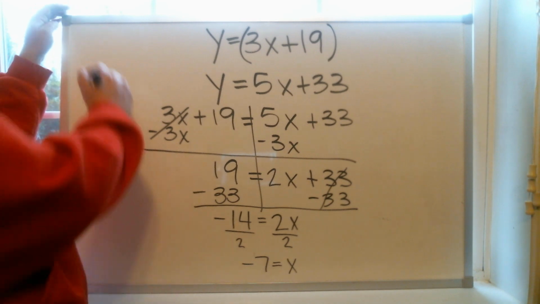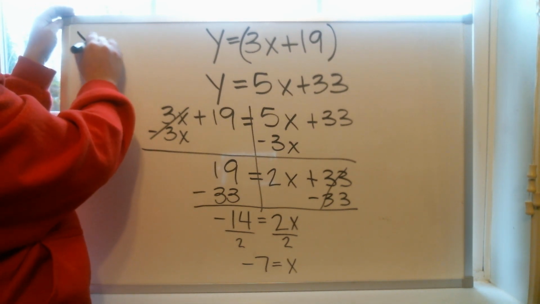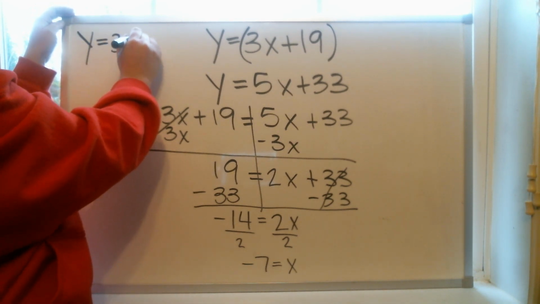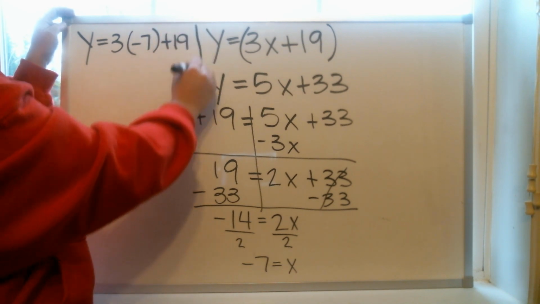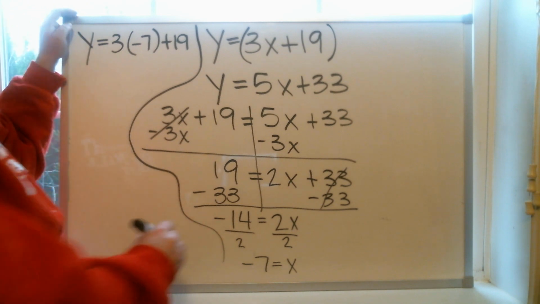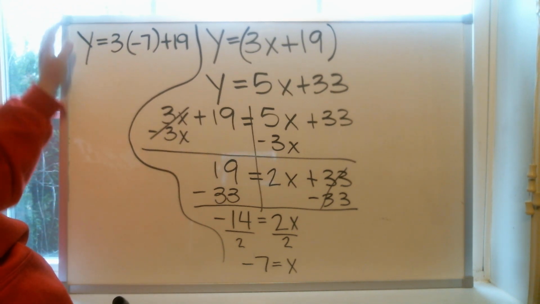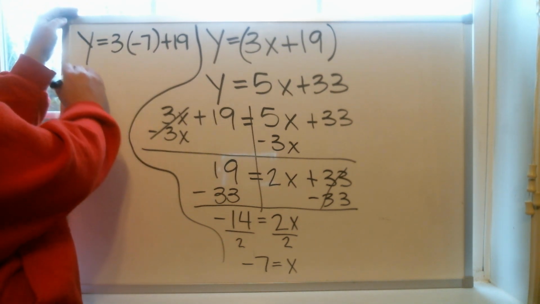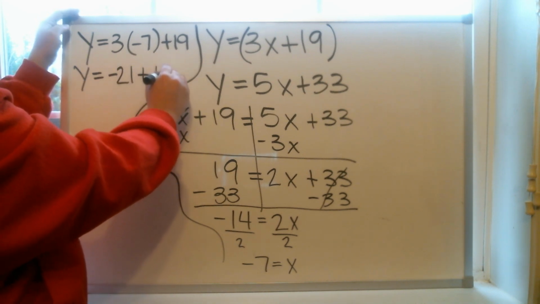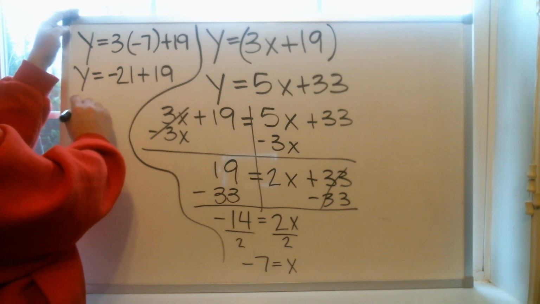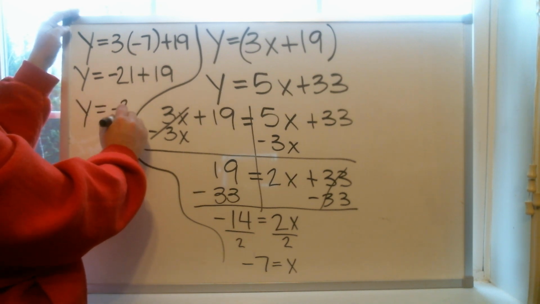So y equals 3 times negative 7 plus 19. I'm going to draw a line here so that my work doesn't all smush together. Then y equals negative 21 plus 19, and negative 21 plus 19 is negative 2.